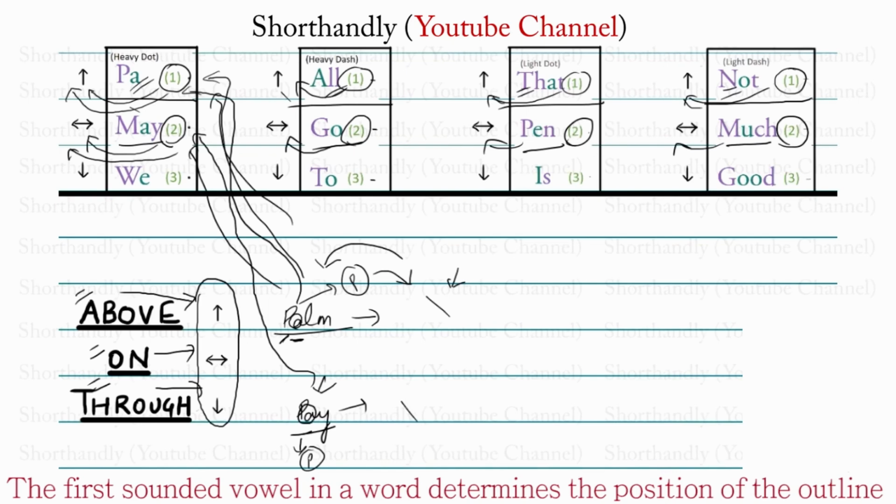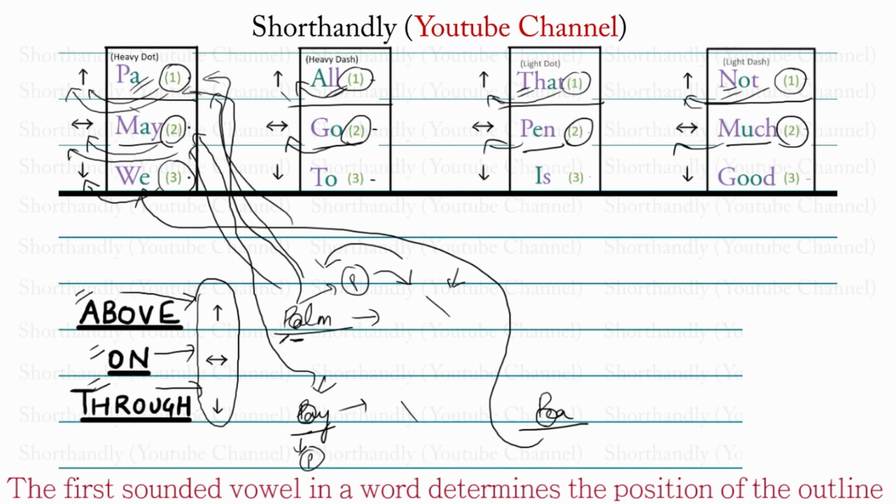Likewise, now if we have another word, "pee" this time, if you pronounce this word, it goes like "pee". See, we have this E sound coming from this word. The first vowel sound that we are getting from this word is E, and E is the same as we have in "V". So V is a third place vowel, and we also have this sign through the line this time.